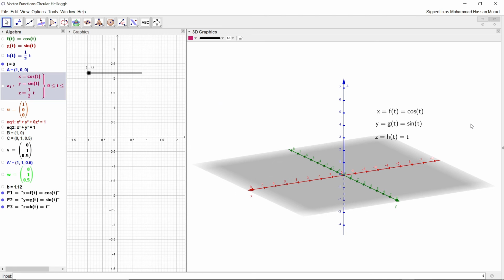Let's see the interactive figure of the circular helix, defined by the vector equation with the component functions f of t as cosine of t, g of t as sine of t, and h of t equals t. If t is increasing from 0 to 4 pi, then the point A has the position vectors as we see in the figure.